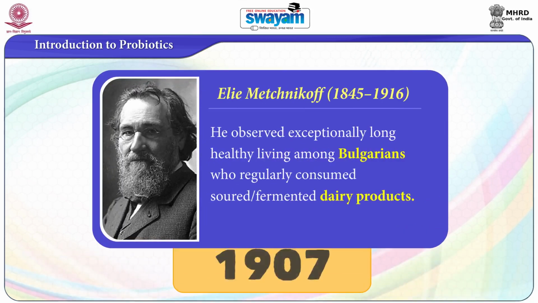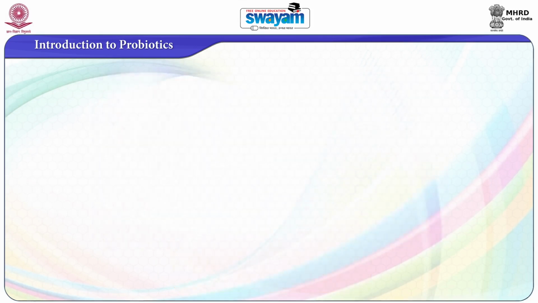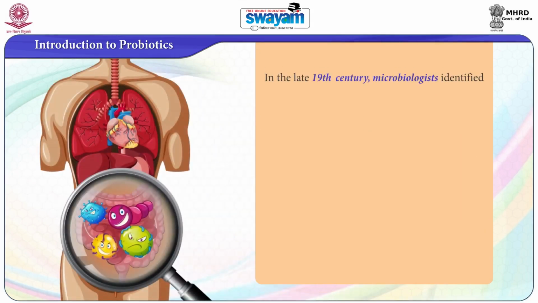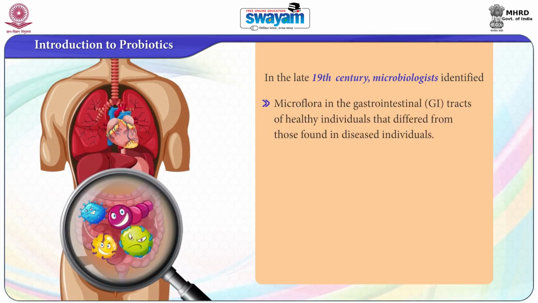In the early 1900s, Nobel laureate Elie Metchnikoff observed exceptionally long healthy living among Bulgarians who regularly consumed sour or fermented dairy products. In the late 19th century, microbiologists identified microflora in the gastrointestinal tracts of healthy individuals that differed from those found in diseased individuals.